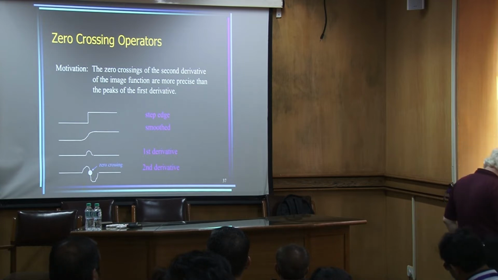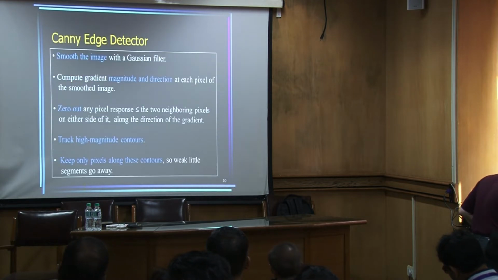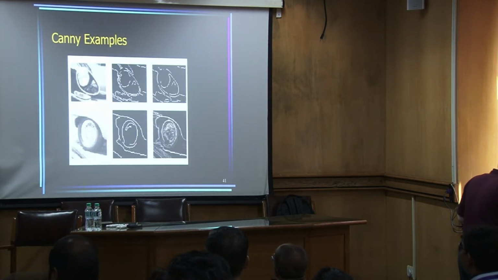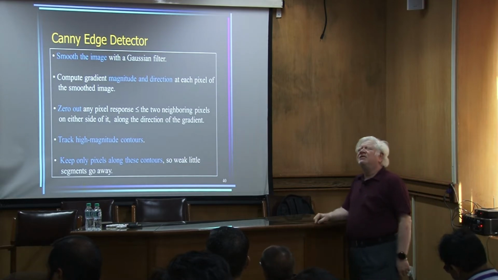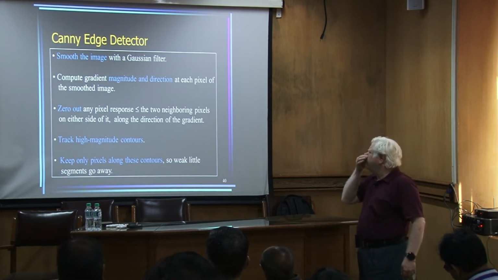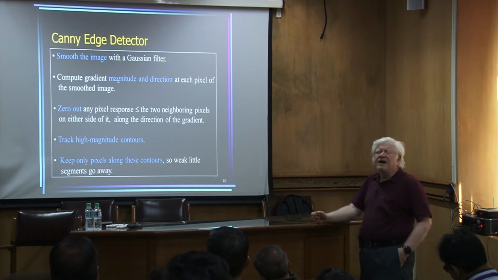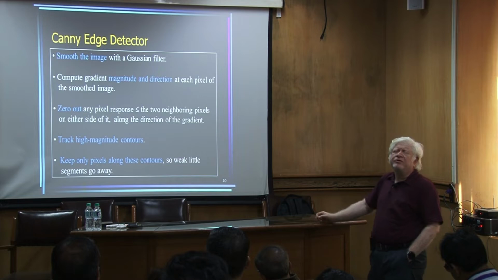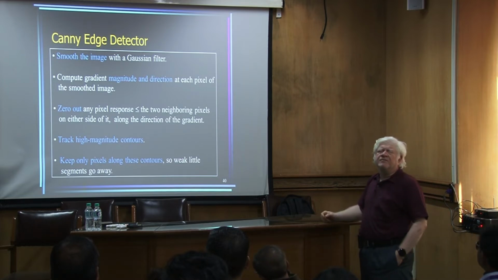And then after this, there are basically lots of descriptions about various operators which give you edges, and the Canny edge detector is one of those that is very well known. I will not go into an elaboration of how it works, but basically it tends to do several things to make up for irregularities in the data.